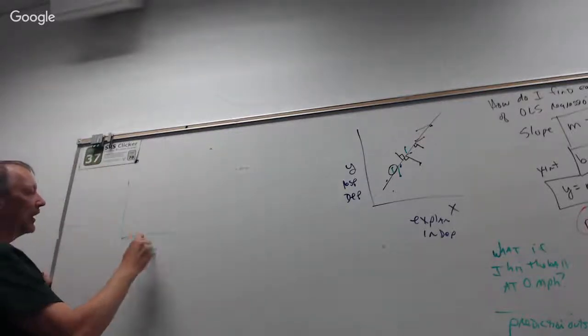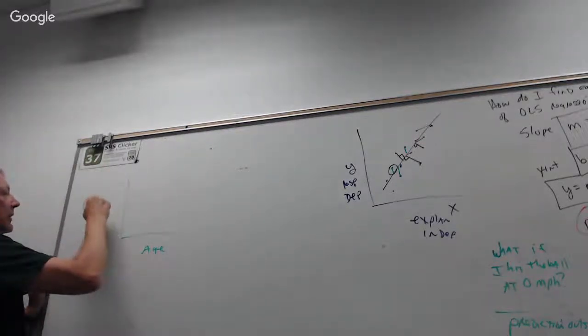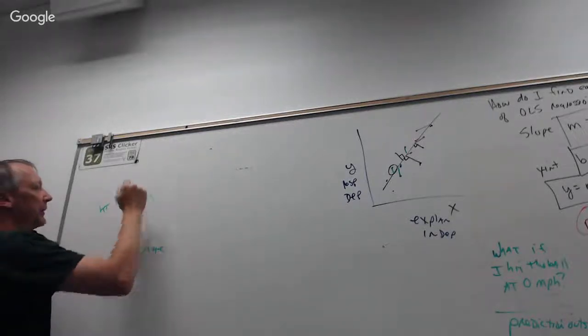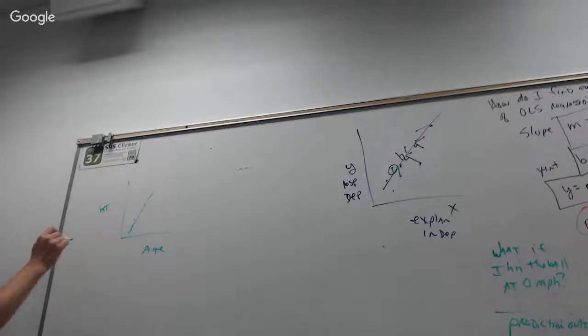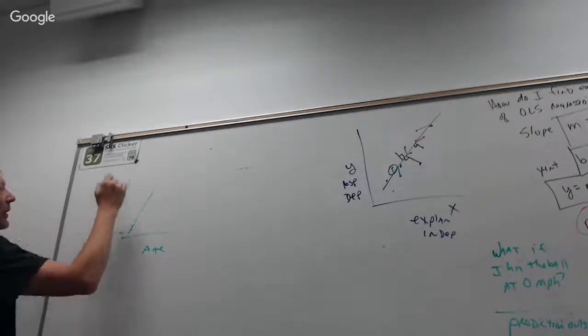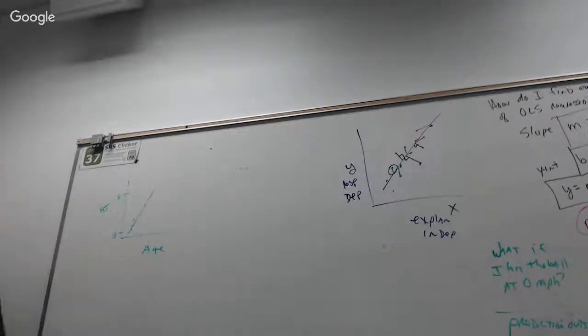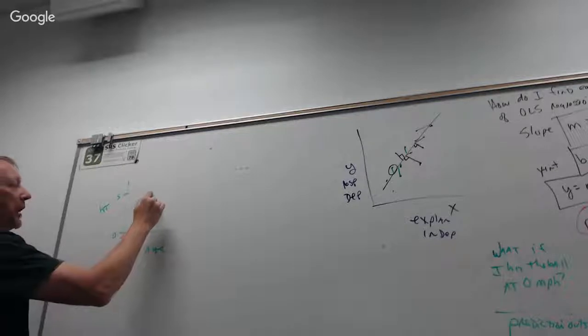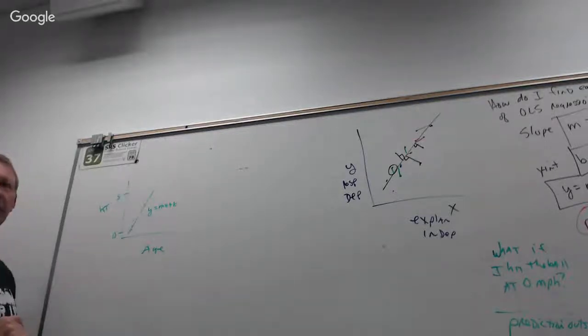So if I put age and height, and I did this, it probably looks very linear, let's say between 0 and 5 years. I might be able to have a good y equals mx plus b equation here.